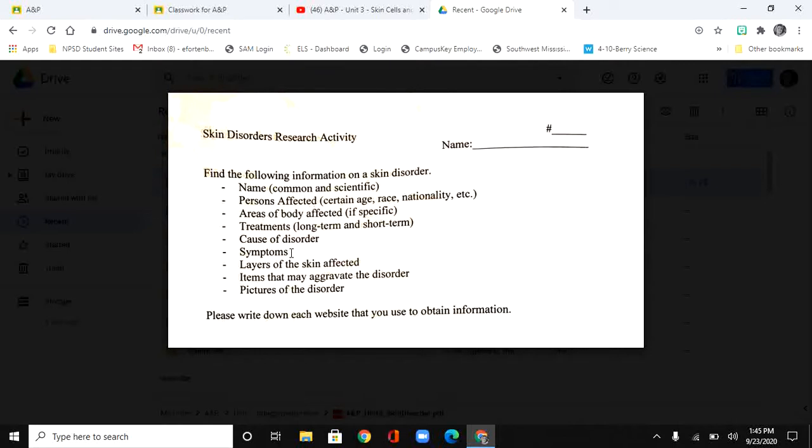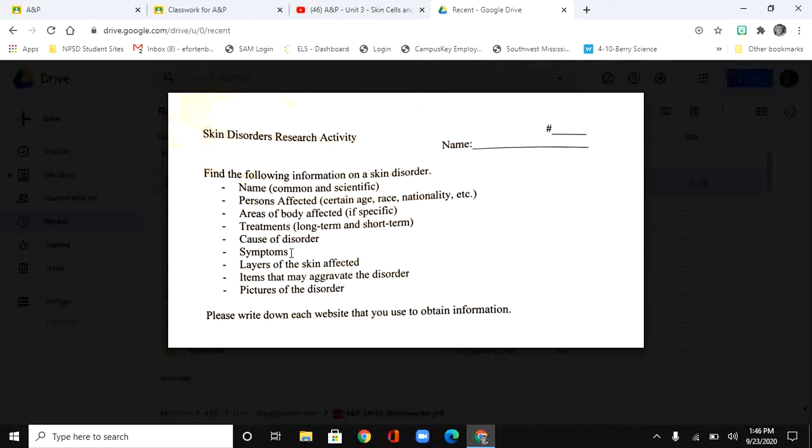Do perfumes cause problems, lotions, things like that. And then the last thing you're going to do is a picture. I'd like to see 2 to 4 pictures of the disorder, okay? Like, a picture of someone with the disorder, what it looks like, a close-up of the skin, maybe a diagram that shows where it's affecting. So I want you to look for some pictures of the disorder.